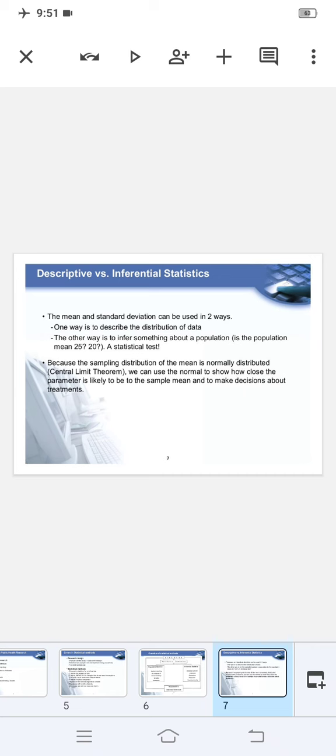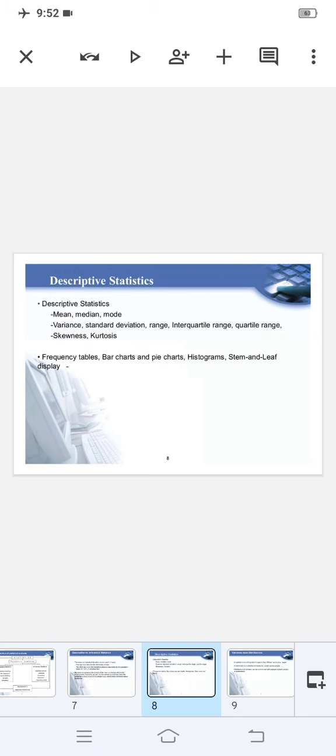When the sampling distribution of the mean is normally distributed, we can use the normal mean to show how close the parameter is likely to be to the sample mean, and we can make decisions about the treatments.